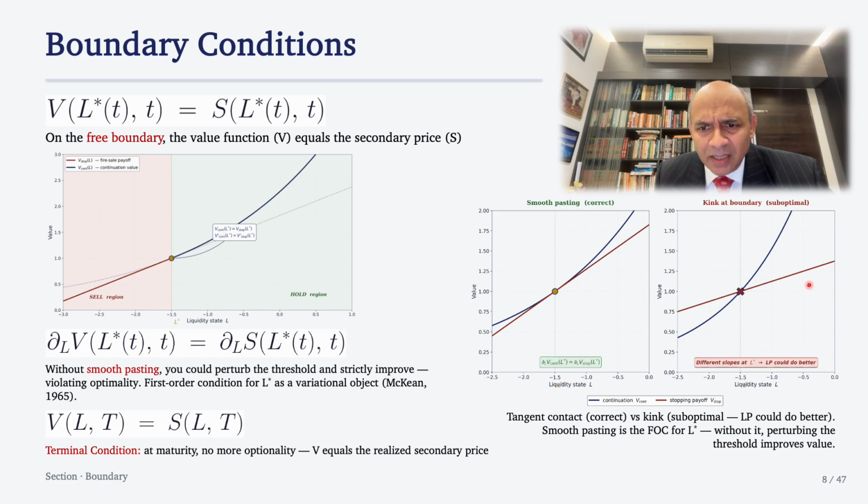But if there is a kink at the boundary, this would be suboptimal, and you can see the kink over here, different slopes in L. If you perturb the threshold, the value can improve essentially. So you do want no kink at the boundary.